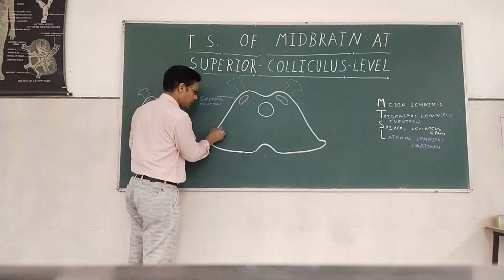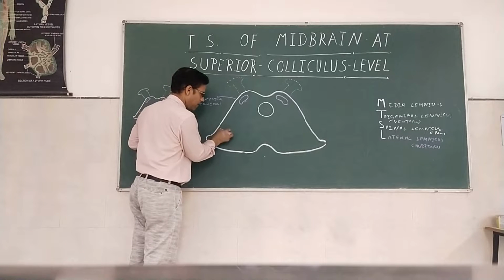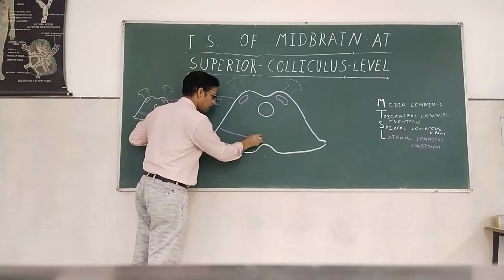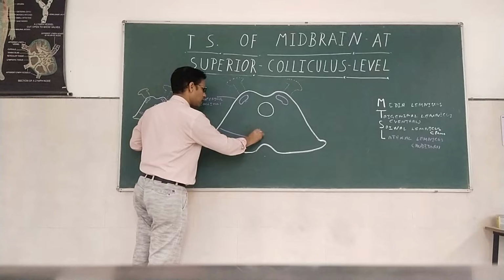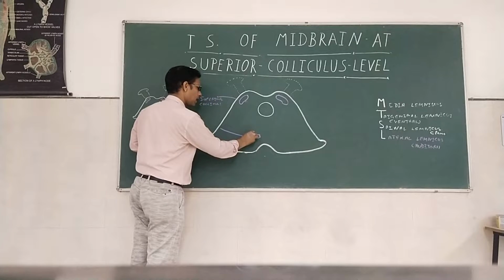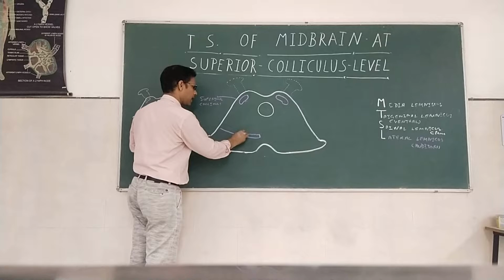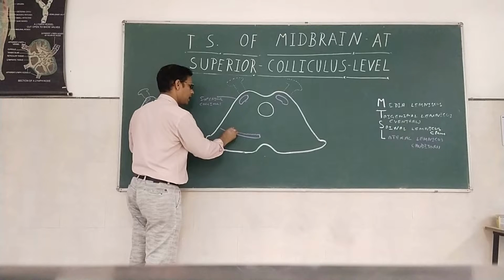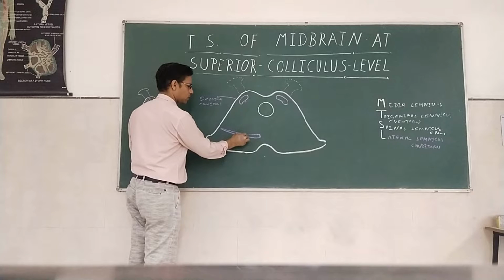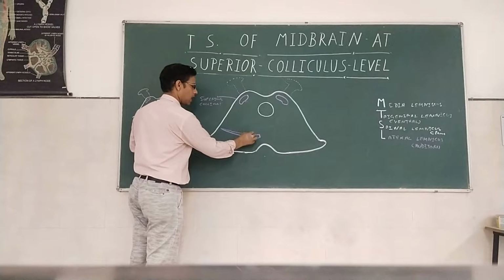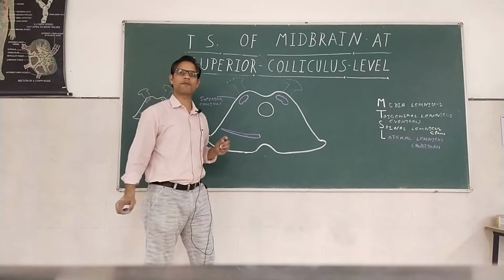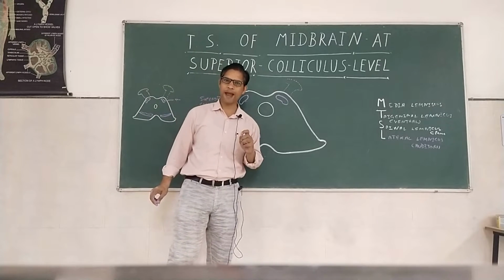Similarly, a curvilinear pigmented layer, which is broader on the medial side and narrower at the lateral side, is divided into two parts. The upper part is compact and the lower part is reticularis, pars reticularis and pars compacta.